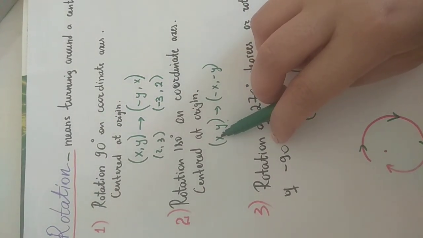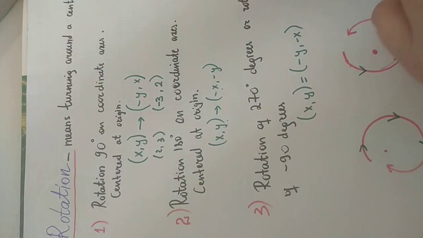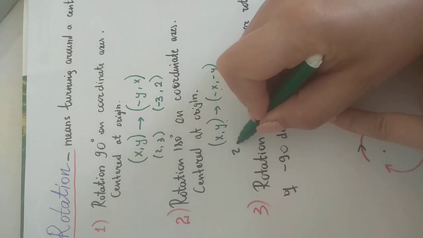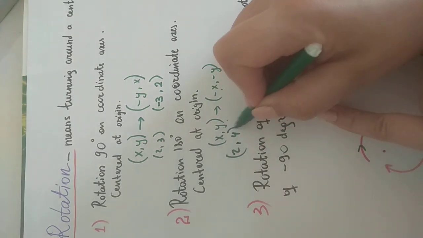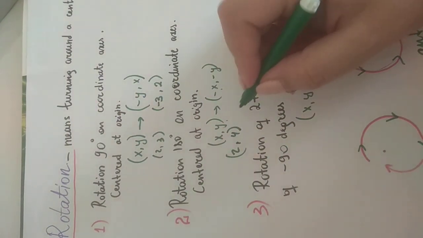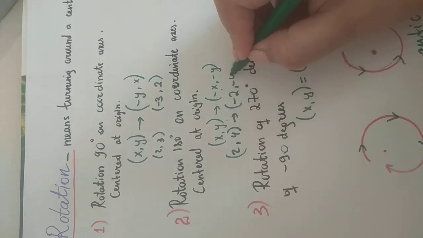Look at here, if it's positive, it should be negative, or if it's negative, it should be positive. Let us take a point, for example, (2, 4), both of them are positive. After rotation by 180, it becomes (-2, -4).